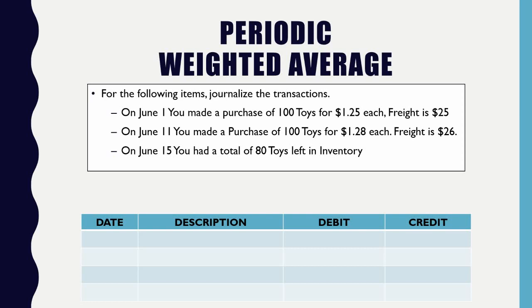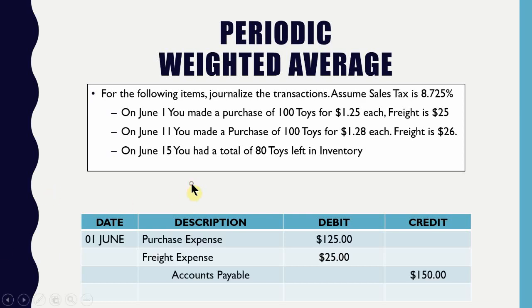What else do we need? Purchase expense, freight, and accounts payable. This is just assuming everything's on account. So we need to recognize our purchase expense, our freight expense, and the total amount we owe.